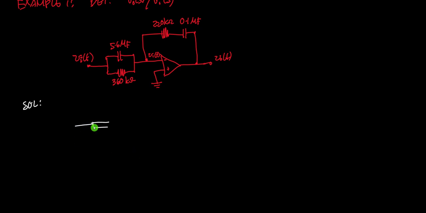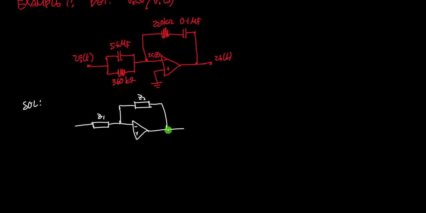Let's call this impedance Z1. This is the combination between these two. Then this is connected to the op amp. This is an operational amplifier from your circuit, so you already know the characteristics of these devices. And for the feedback, we have, let's call it Z2.